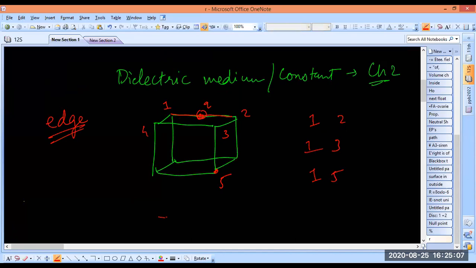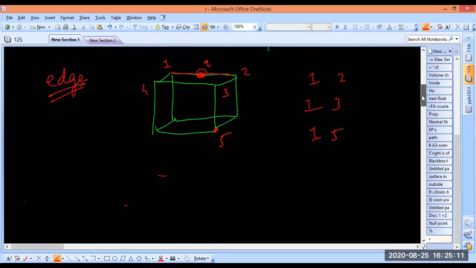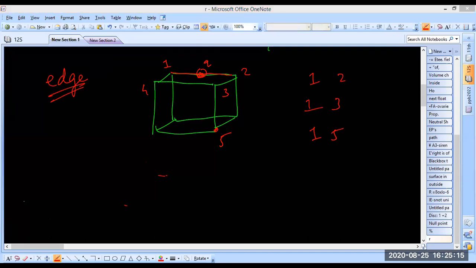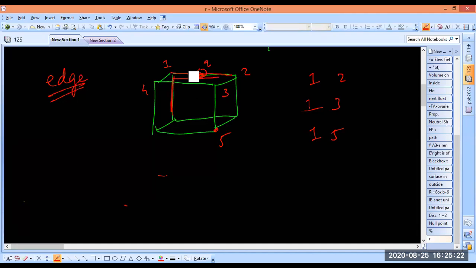Because this is at the edge, you can also imagine it in this way. If you take a corner of your room, see this edge, vertical edge or horizontal edge, everything is the same, right? If you make a hole here, in how many rooms will that hole be made? You think about it. I'll repeat.